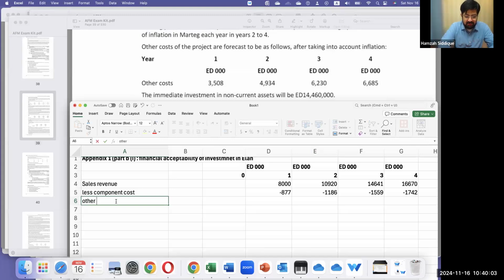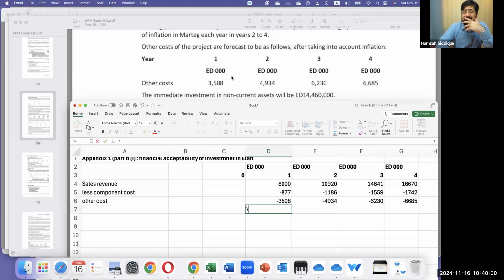After taking account of inflation, we need not inflate them. So negative 3508, negative 4934, negative 6230, negative 6685.